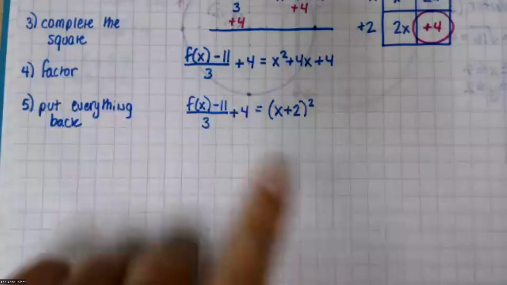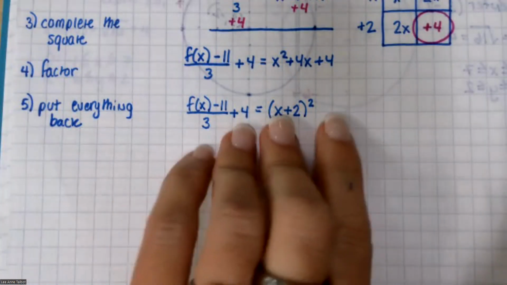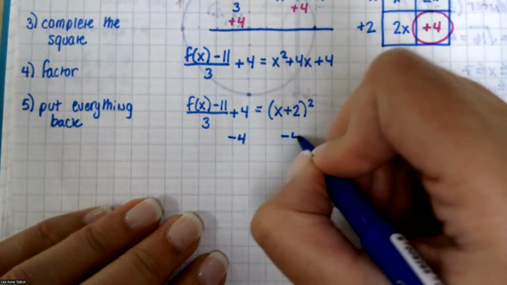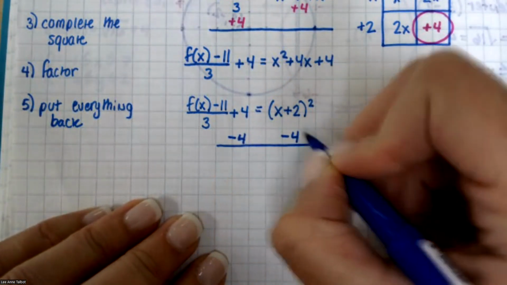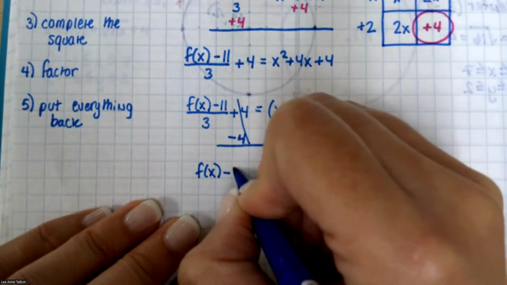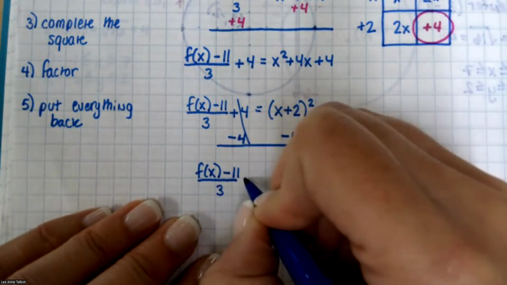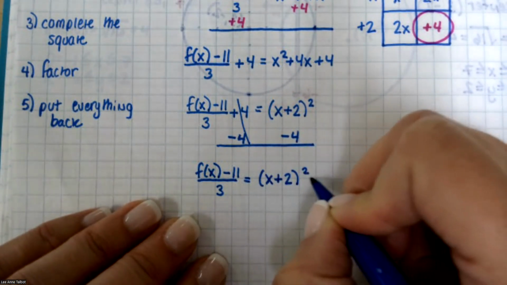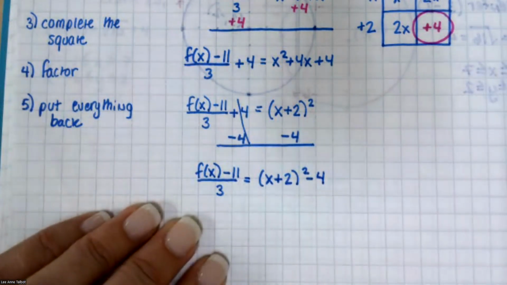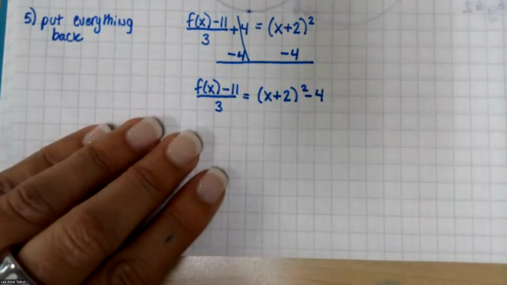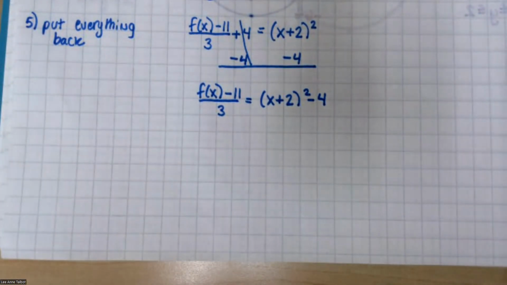Okay, so what do I mean by put everything back? Get f of x back by itself. So minus 4. Okay, order of operations, what's next?